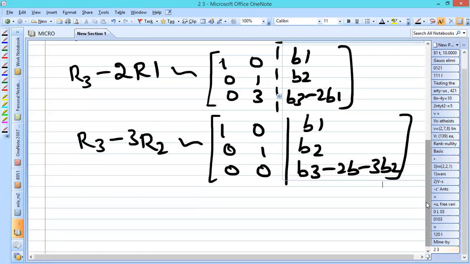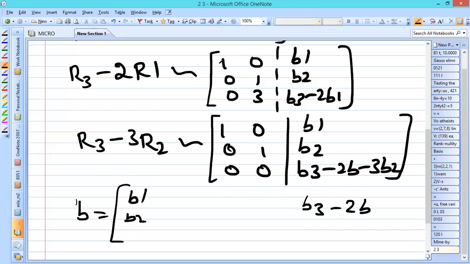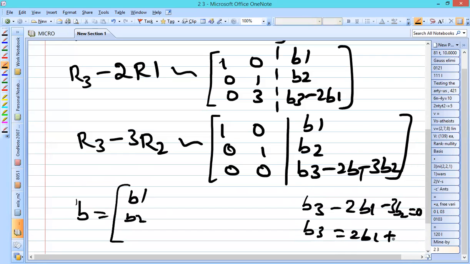Here he says that in order to make the third equation 0, what is the attainable RHS of b? For this to be 0, what should the condition on b be? It implies that b has the elements b1, b2 and b3, and b3 minus 2b1 minus 3b2 must be equal to 0, which implies that b3 is equal to 2b1 plus 3b2.